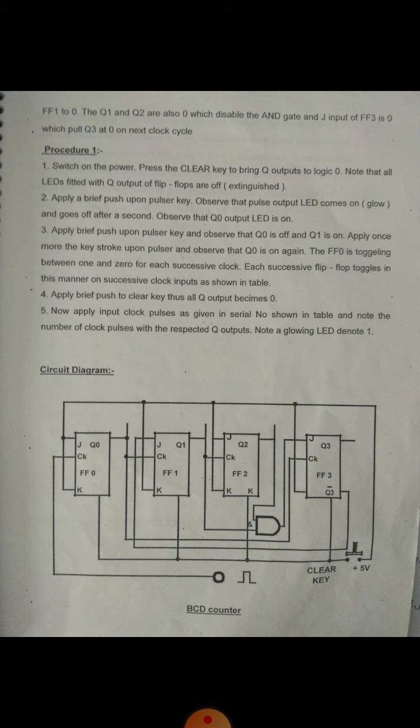When the inputs to this AND gate from FF1 and FF2 are 0 0, the clock is 0. And when the inputs Q1 and Q2 are 1, then the clock is set.